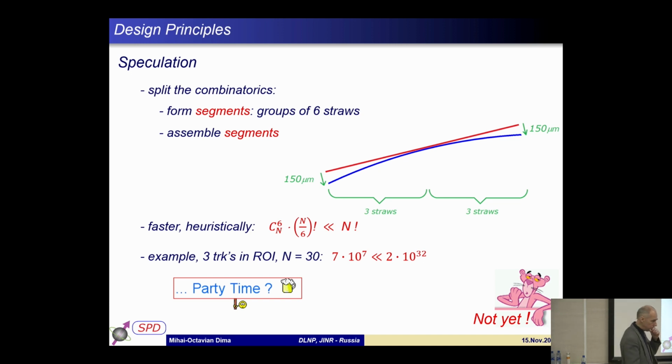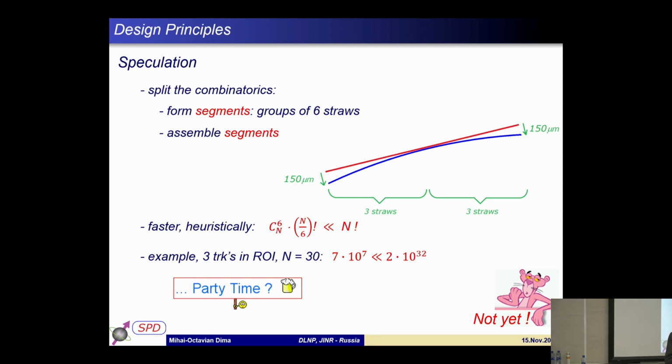But at this level, at the very beginning, we would not expect such fine resolution for our straw tubes. So 150 microns, that's for a well-calibrated detector. In the online filter, we would expect a resolution a few times worse, even maybe one order of magnitude worse. So how does this fact change the situation for you? It doesn't. So maybe you can simplify your algorithms even more. Yeah, exactly. That's the only way.